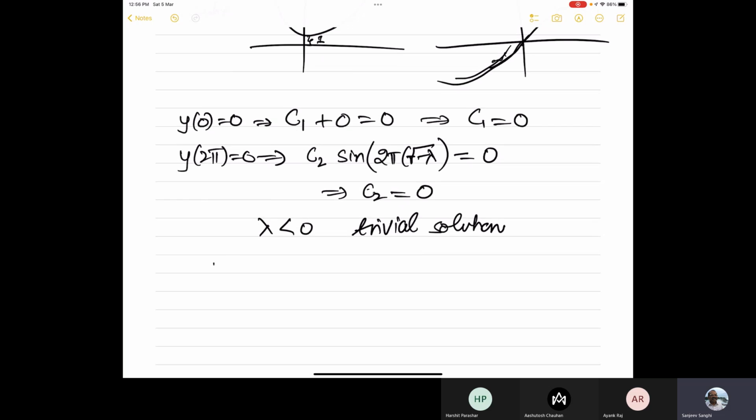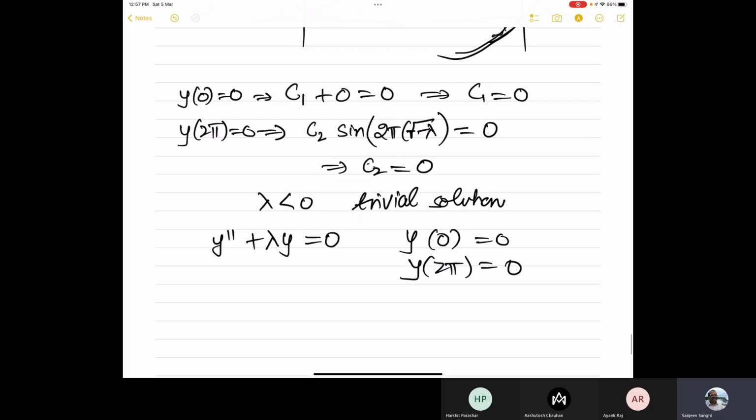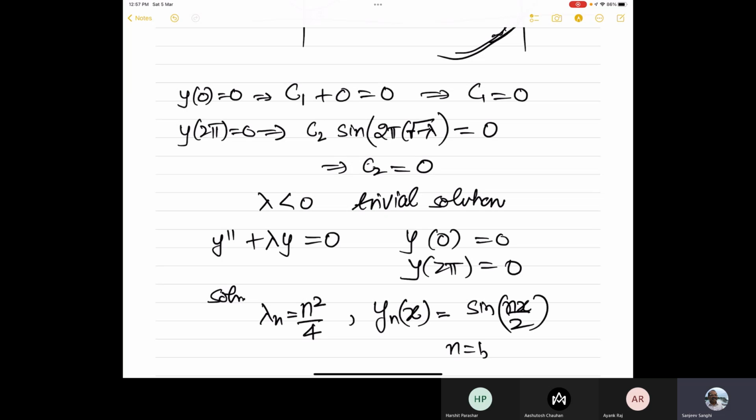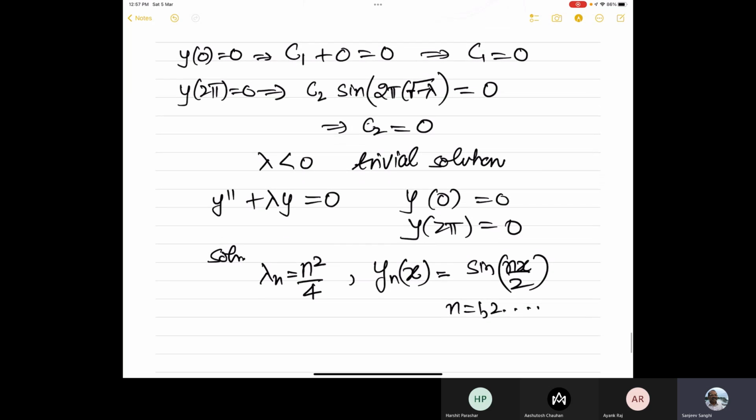So the solution for y double prime plus lambda y is equal to 0 with the boundary conditions y of 0 is 0, y of 2 pi is 0, is lambda sub n is equal to n square by 4, and y sub n of x is equal to sine of nx by 2, n going from 1 up to anywhere.